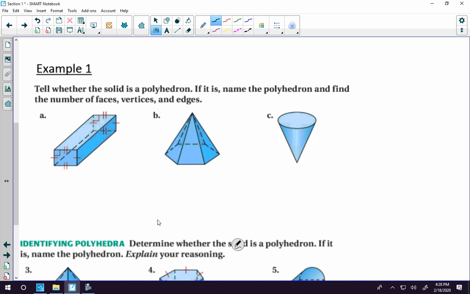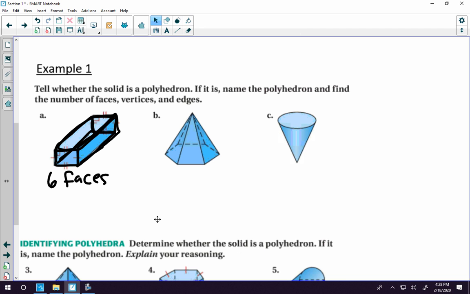Second, find the number of faces. There's one face, two faces, the bottom is the third face, the side over here is the fourth face, the back is the fifth face, and the top is the sixth face. So there are six faces here.